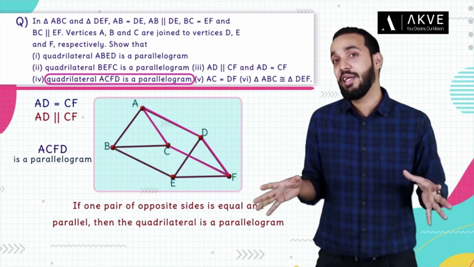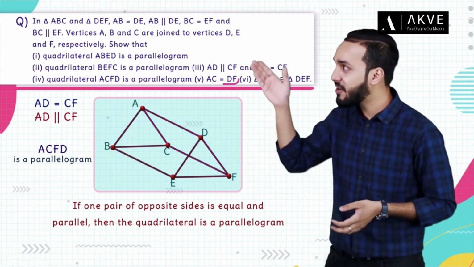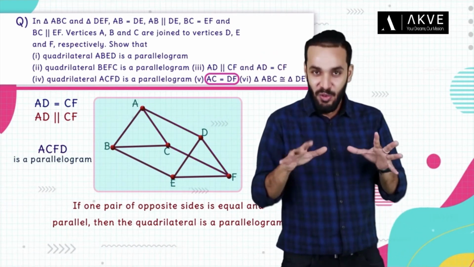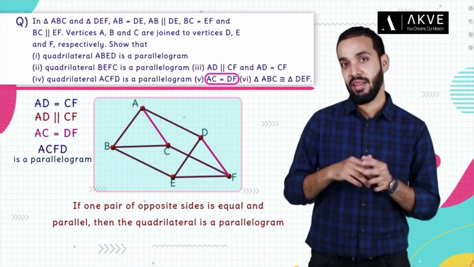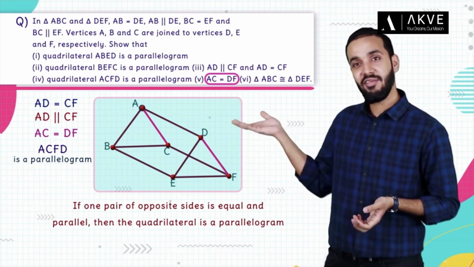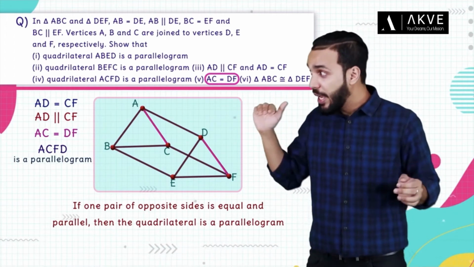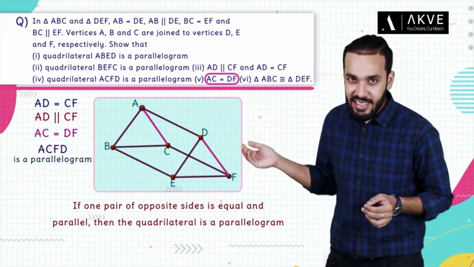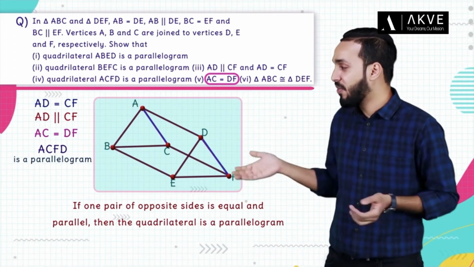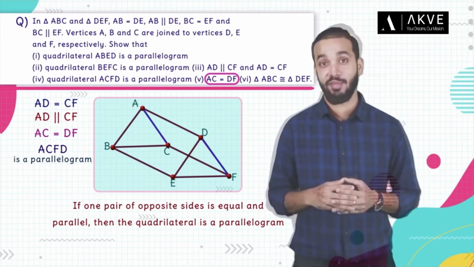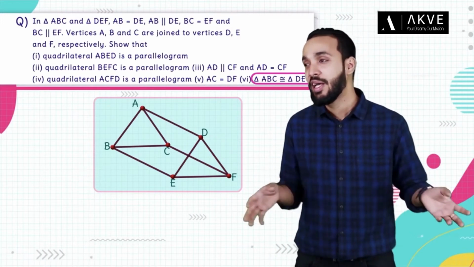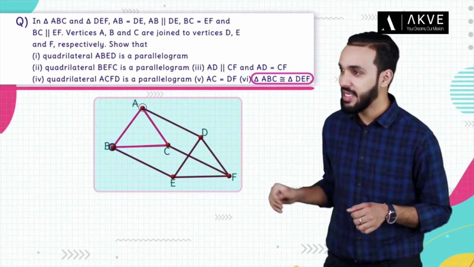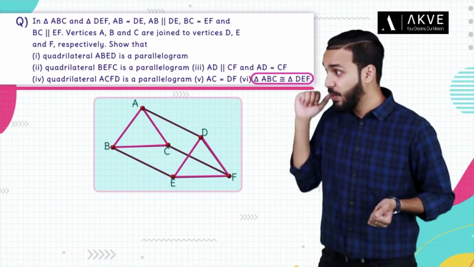The fun part here is we unknowingly proved the fifth requirement as well. We needed to show that AC is equal to DF. Now, we just proved that ACFD is a parallelogram, so its opposite sides AC and FD would obviously be equal. We finally come to the last requirement, which asks us to show that these triangles ABC and DEF are congruent.